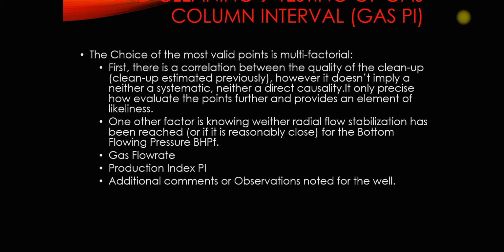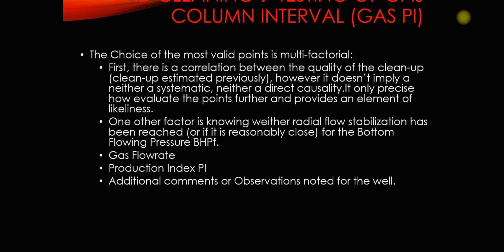Now, just as qualitative element, we can look at the gas flow rate. We can see if it's high or not, we can look at the production index. And any information or comments or observation noted for each well intervals can be useful. Sometimes you can find that you only have traces of gas during the DST.